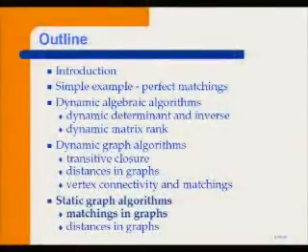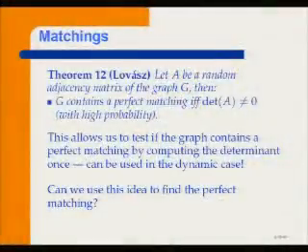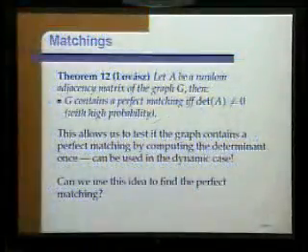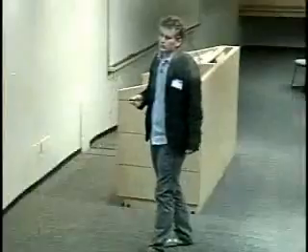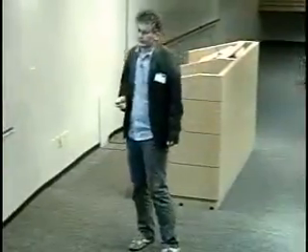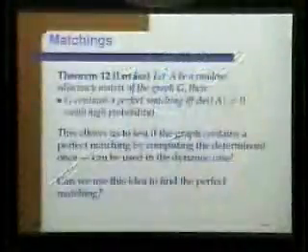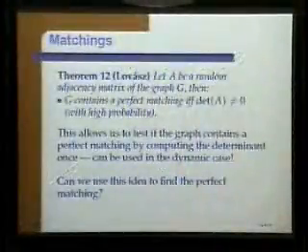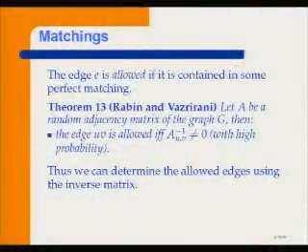So what's interesting is that some of these ideas we had here can be used in the static case. This is the basic idea, that you take the determinant, check if it's non-zero, and you know that there is a perfect matching. So this allows us to test if the graph has a perfect matching, and can be used in the dynamic case, and we would try to see if this can be used to actually find the matching.